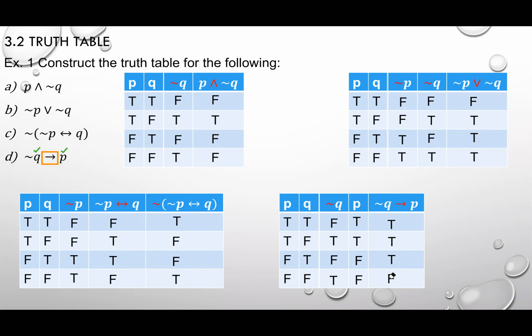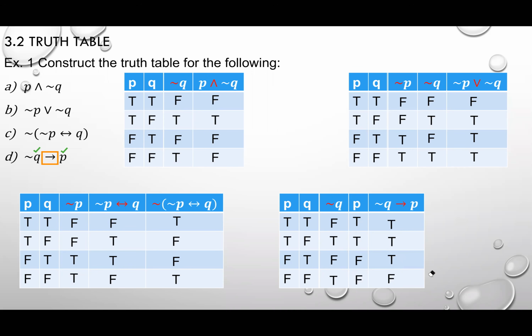And the one time that it is false is when the first thing is T and the second one is F. If it's not that, the result is true. Okay, so that's the criteria for the if and then statement. And somehow the if and then statement, the conditional statement, is the one statement that gives you guys a lot of problems.